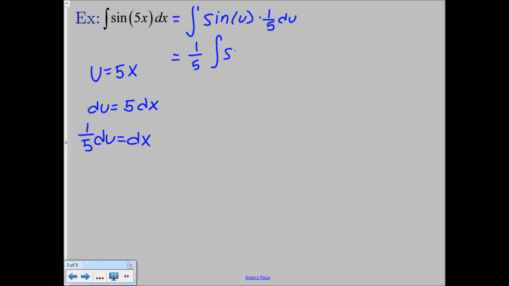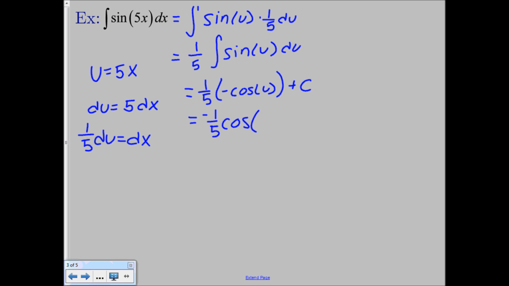We're going to get the sine of u du, which we know from all the integration that we've done before is just going to be 1/5, and then the antiderivative of sine is just negative cosine of u plus c. Now all we have to do is simplify our coefficients and then substitute back in for whatever u was. So u is 5x.